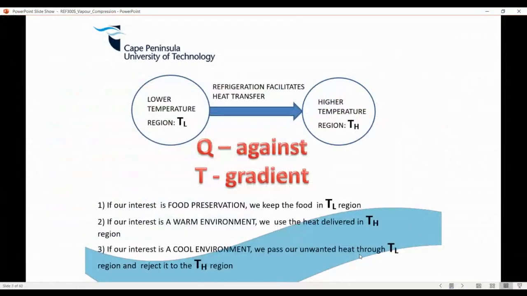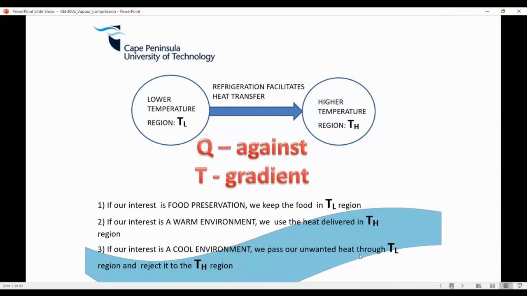Okay, so let's quickly see. This is basically just a basic setup of what's happening here. Let's say number one, if our interest is food preservation, we keep the food in TL. Obviously, this is from low temperature to high temperature.